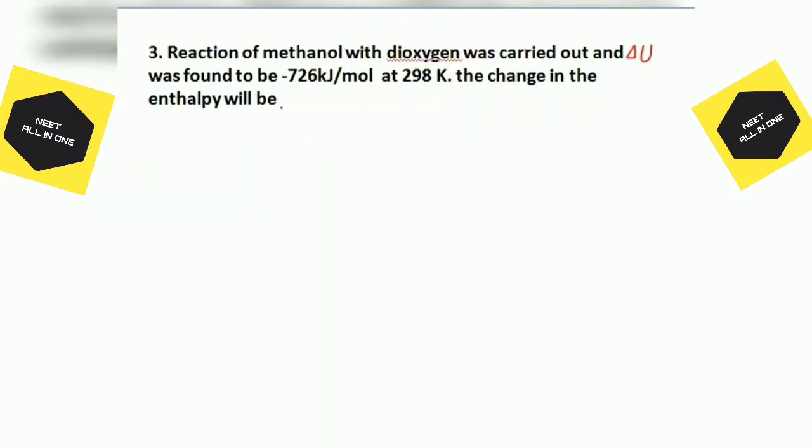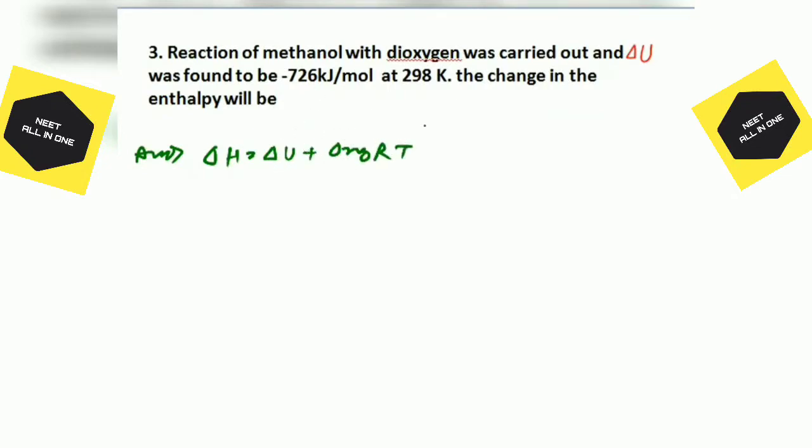Now for the third question, they have given us a reaction of methanol with dioxygen, and del U is found to be minus 726 kilojoule per mole at 298 Kelvin. What will be the change in the enthalpy? We know this formula, del H equals del U plus del ng RT.